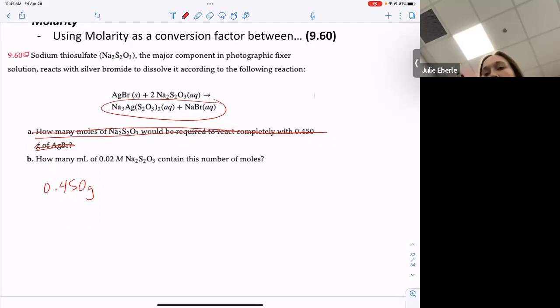So I need the molar mass of silver bromide, which is 187.77.